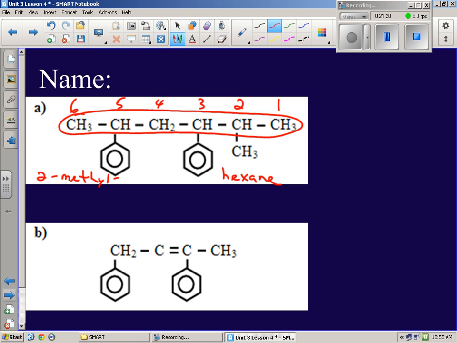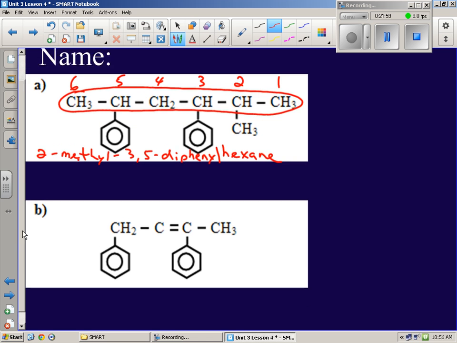And 3 and 5 have phenyl groups, so I'm going to call that 3,5-diphenyl hexane. Okay, so 2-methyl, 2 has a methyl group, 3 and 5 have phenyl groups. Alphabetical. Yeah, but can you go like 2 and 4? Nope, because you got to do the lowest numbers possible. Okay, so there's that one there.